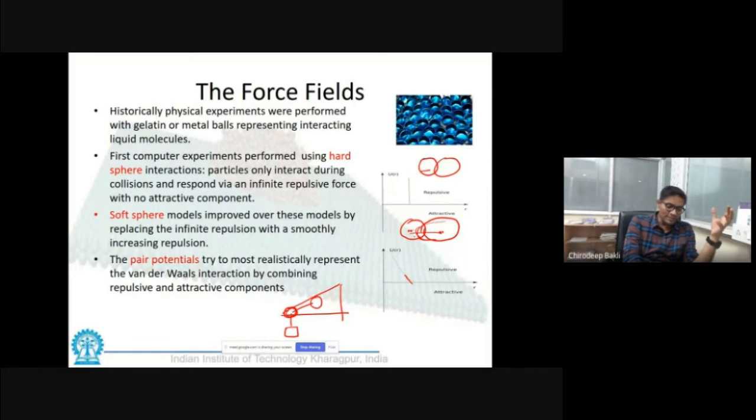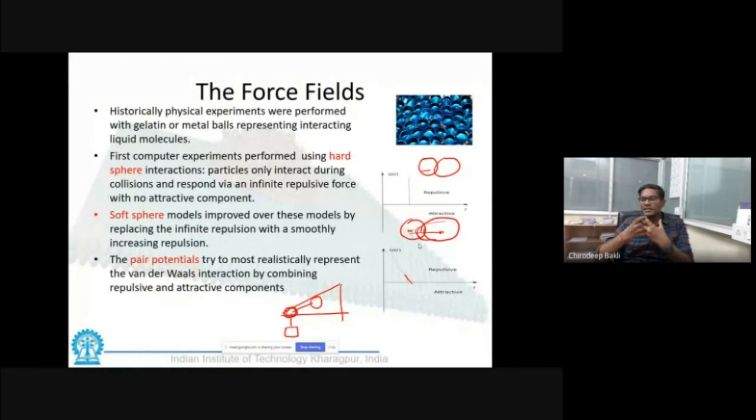So this is basically something trying to model the structure of electrons and nucleus. When they are far apart, they are attracting each other because the nucleus of particle 1 is attracting the electrons of particle 2 and vice versa. When they have overlapped, the electronic cloud of particle 1 is repelling the electronic cloud of particle 2, and hence there is a repulsive force.